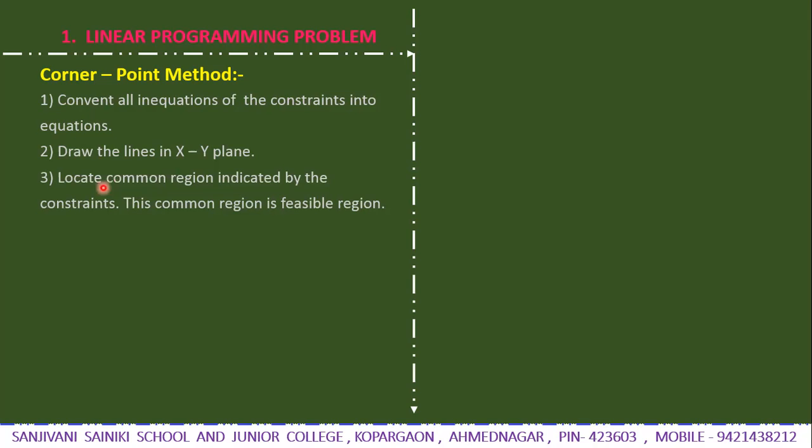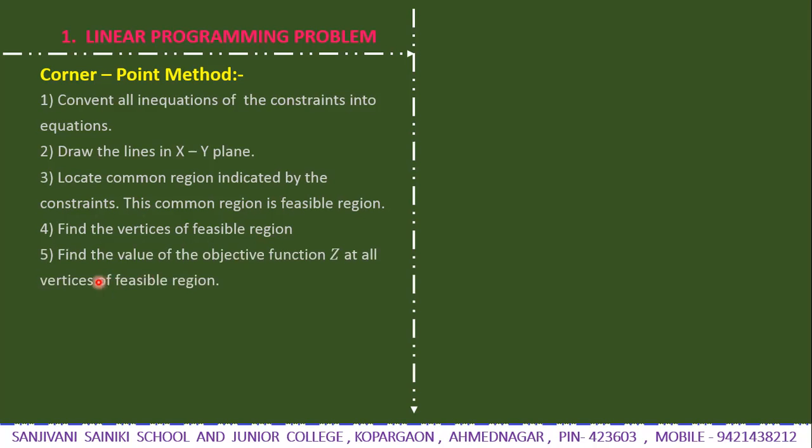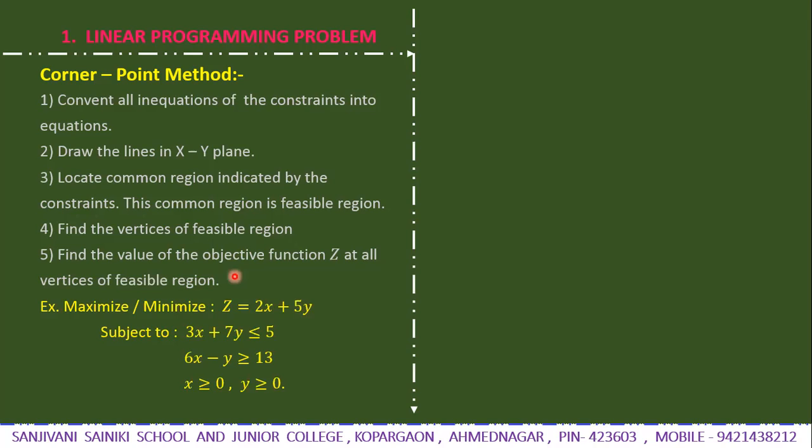In the third step, locate the common region indicated by the constraints. This common region is called the feasible region. Fourth, find the vertices of the feasible region. After that, we will find the values of the objective function at those vertices of the feasible region.